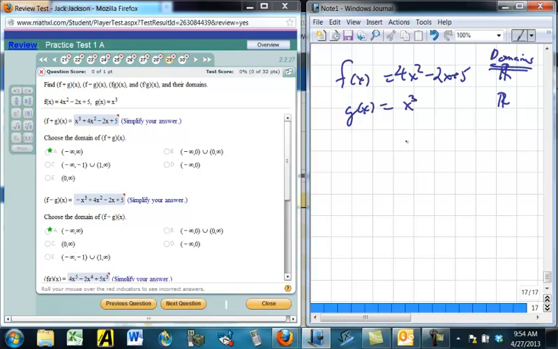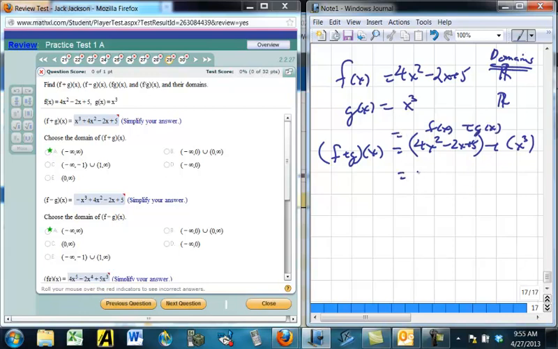So we can simplify f plus g of x is f of x and then plus g of x. And we can sort of reorder this. X cubed plus 4x squared minus 2x plus 5 is sort of the standard way to write that. Okay, and the domain's all reals there.